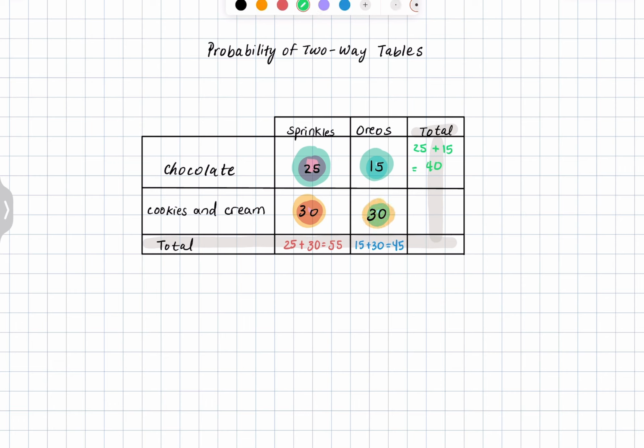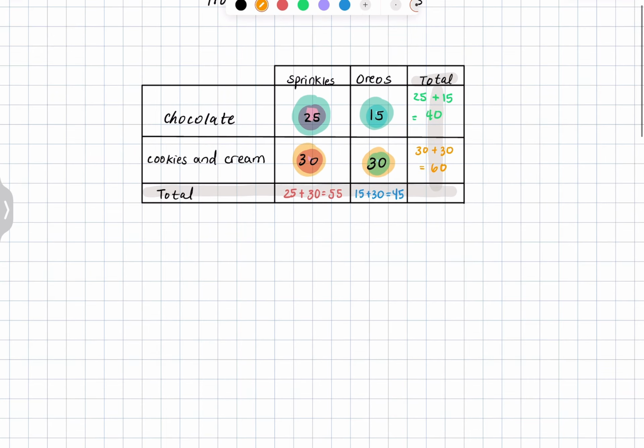And finally, these two numbers, 30 plus 30, that is 60. Perfect. And finally, we could add these two numbers, 40 plus 60, which gives me 100, or these two numbers, 55 plus 45, which also gives me 100.